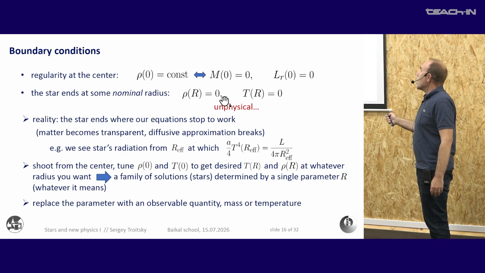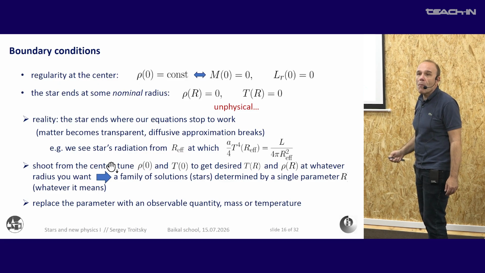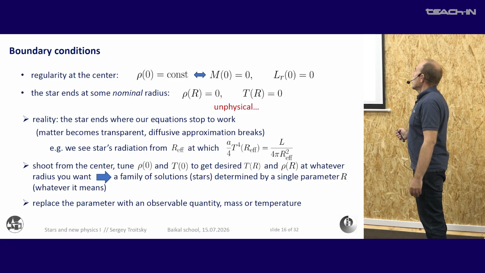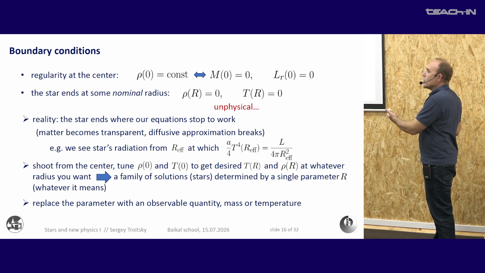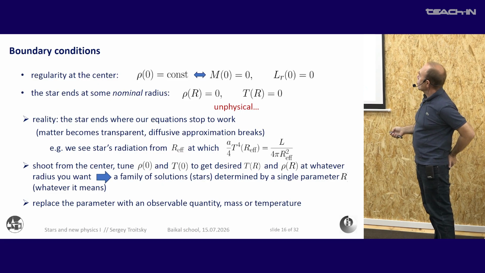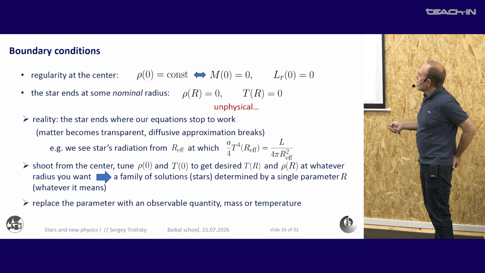density of the star and temperature or pressure of the star equal to 0 at some unphysical nominal stellar radius. But it is not helpful. If we put the boundary condition on an unknown value of the variable, this does not help much.